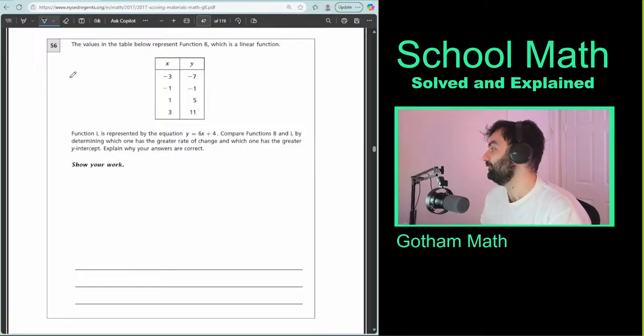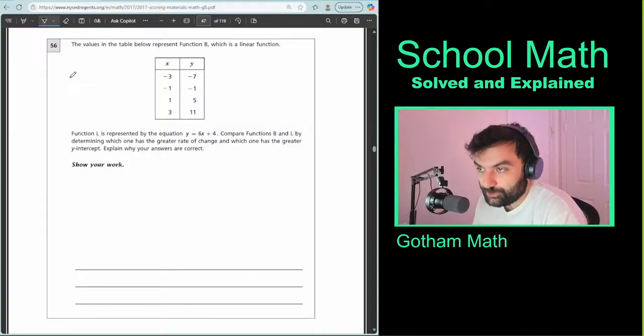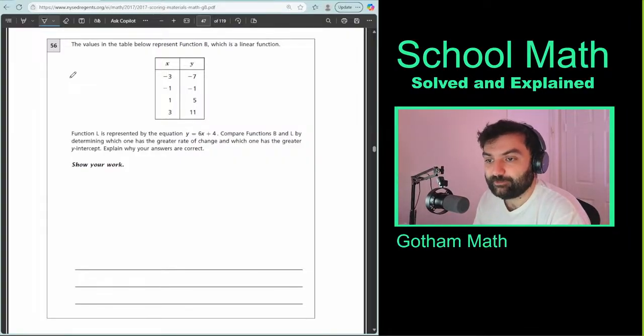The values in the table below represent the function B, which is a linear function. Function L is represented by the equation y equals 6x plus 4. Compare functions B and L. Determine which one has the greater rate of change and which one has a greater y-intercept. Explain why your answers are correct.